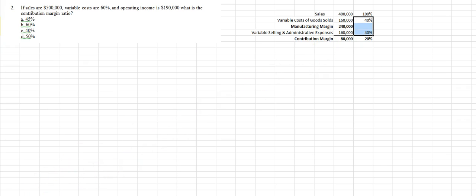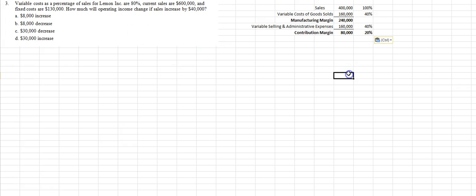So it says variable costs. Let me go ahead and copy this over. That way I won't have to. Okay. So it says variable costs as a percent of sales are 80%. In this case, I put 40 and 40. It could be 50 and 30. It could be 60 and 20, whatever. But the total is 80%, right? It says current sales are 600,000.